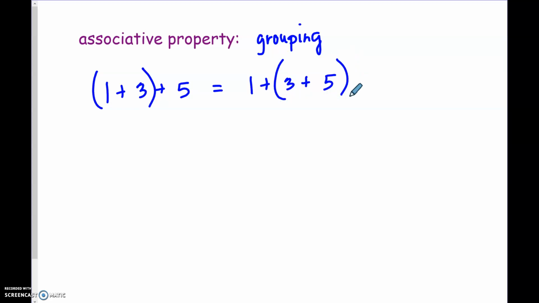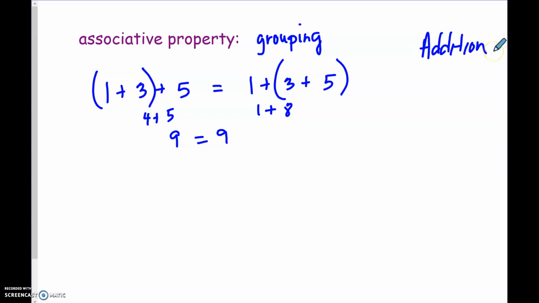The numbers stay in the same order, 1, 3, 5, but I grouped them differently. So 1 plus 3 is 4, plus 5 is 9. And 3 plus 5 is 8, and 1 plus 8 is 9. So even though I grouped them differently, they still come out the same when we're using addition.